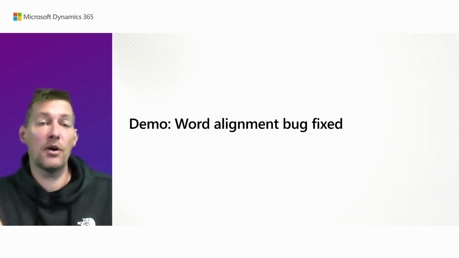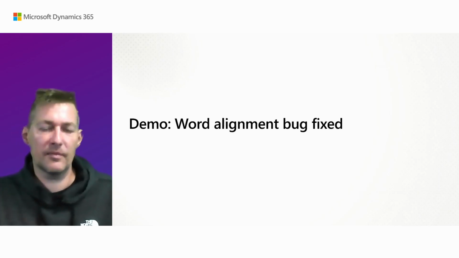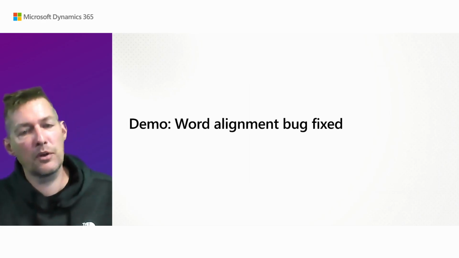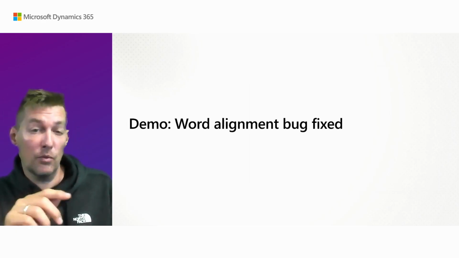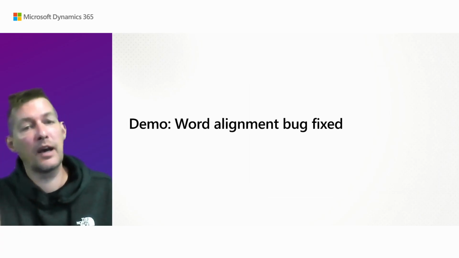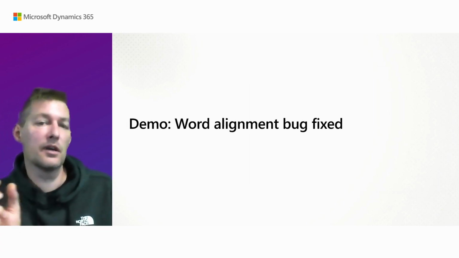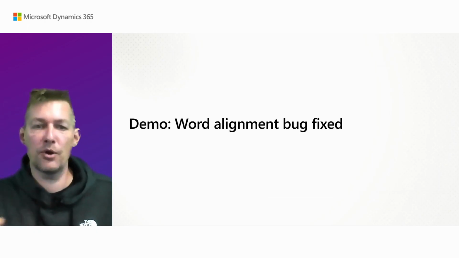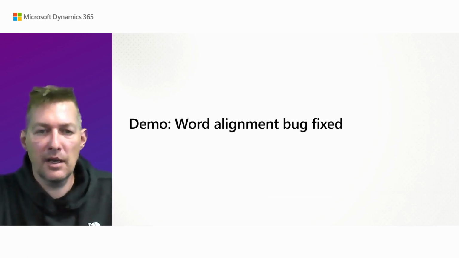But basically this bug in Word has been a pain for some time. Because whenever you downloaded a Word layout, Word would change all the alignment in your repeaters to whatever they were. But not anymore, so it just works as you would expect it in Word.